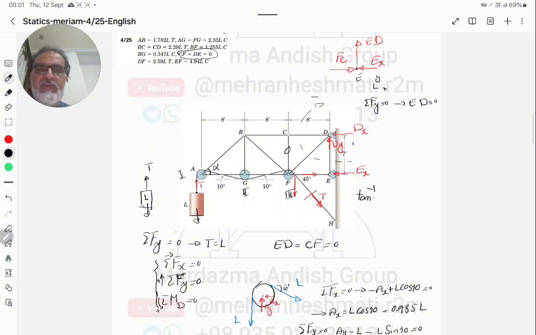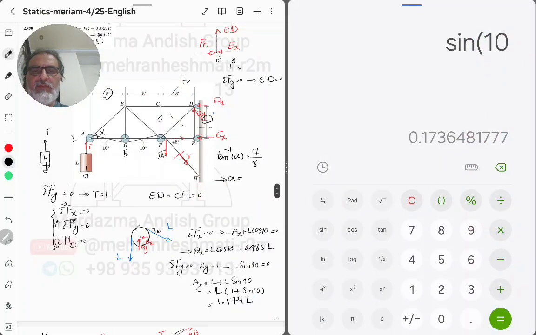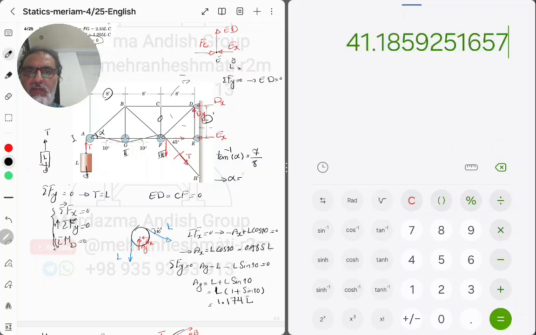Tangent inverse of alpha is equal to 7 divided by 8. Means alpha is equal to 41 degrees.